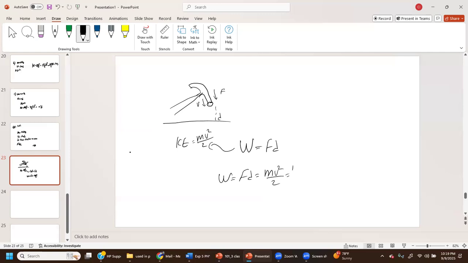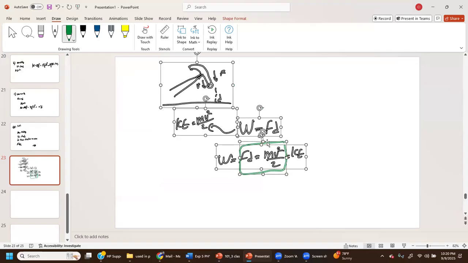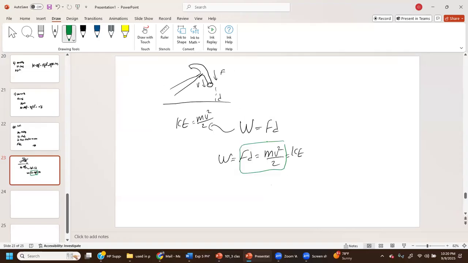Taking these two, that means your mv squared over 2 is going to equal your force times your distance. And in this case, the force is going to equal your mass times your velocity squared divided by 2d.